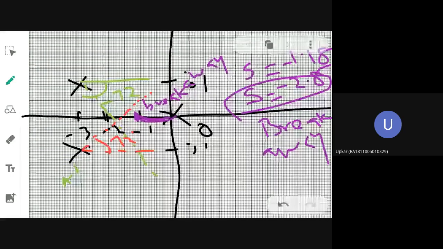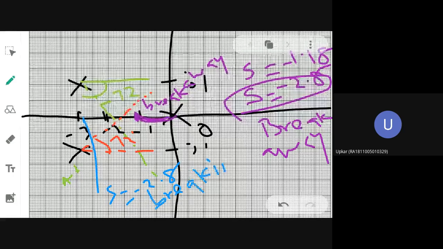But will this be a break-in point or breakaway? This I will be calling as break-in. You need to tell me why. Why am I calling that a break-in and not breakaway? I am going to draw the second root locus branch.